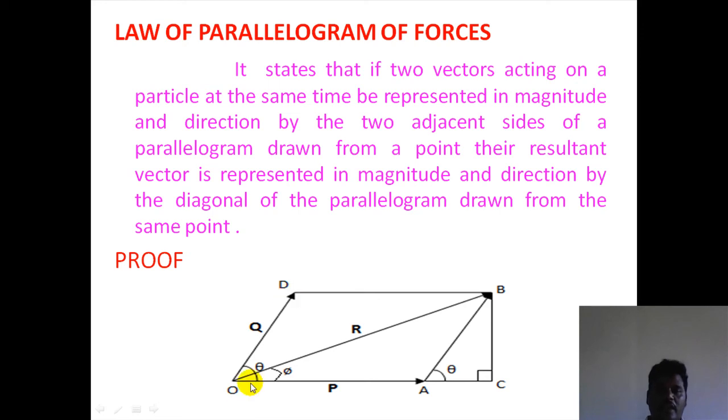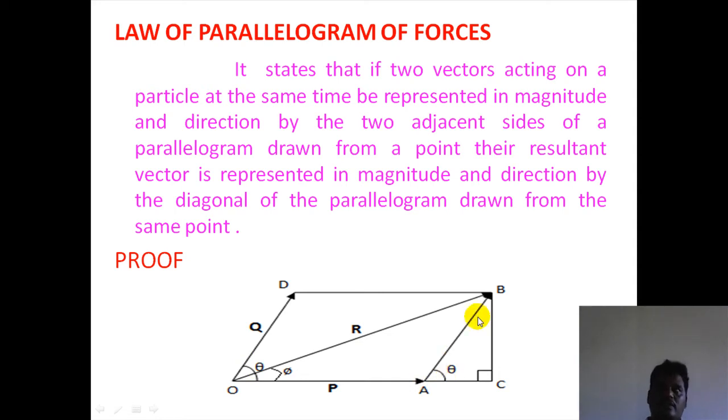From triangle AOD, it makes an angle theta. This angle also remains the same, since alternate angles are equal. With the x-axis, Q makes an angle theta.